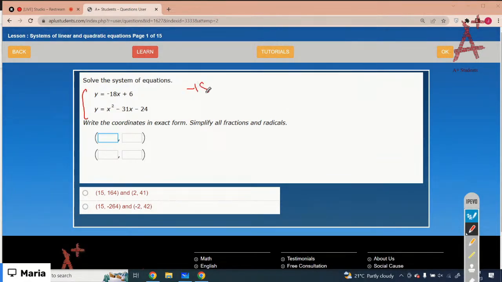So just replace: it would be negative 18x plus 6 equals x square minus 31x minus 24. Got it? Collect the like terms, move these terms to the other side. It would be x square minus 31x plus 18x minus 24 minus 6.